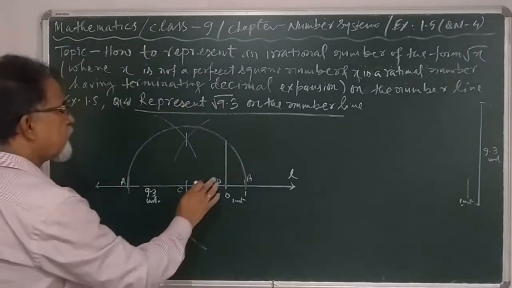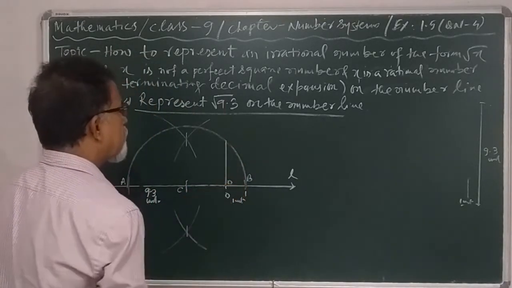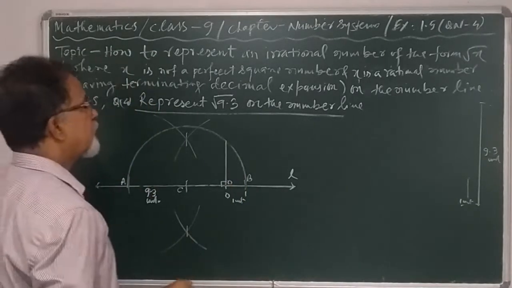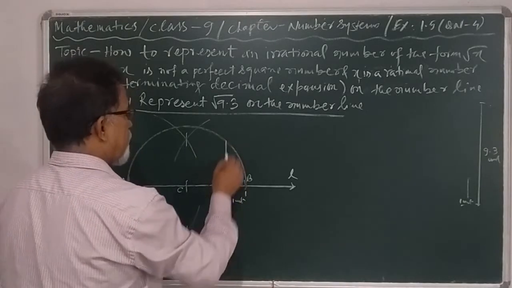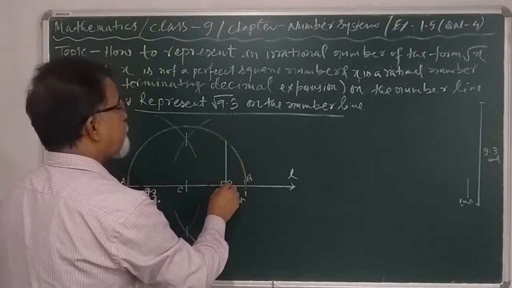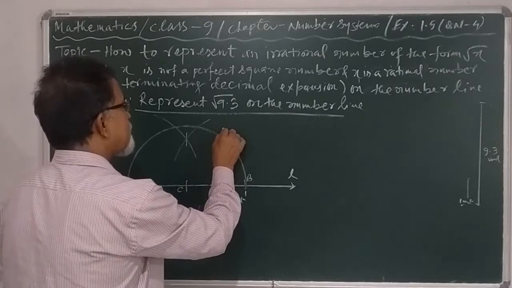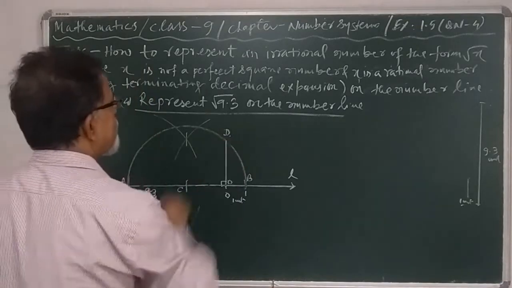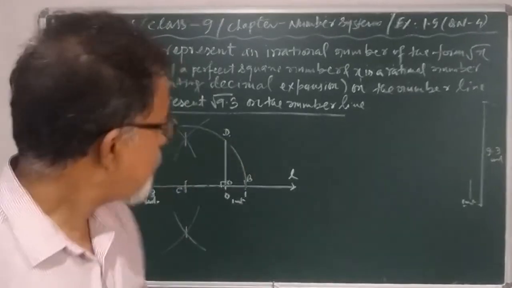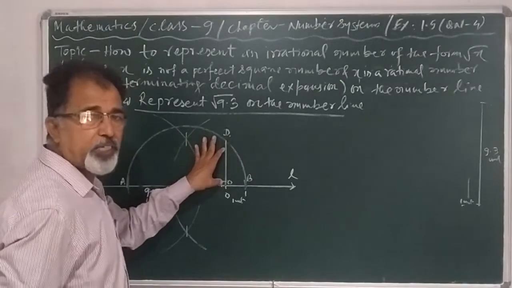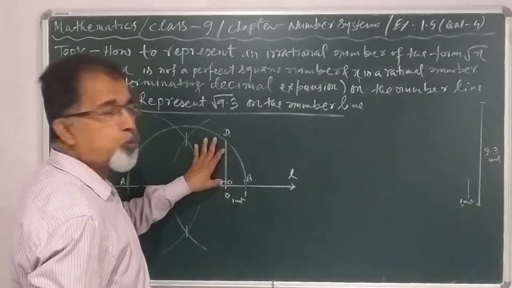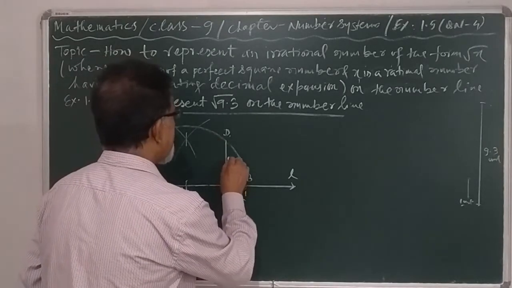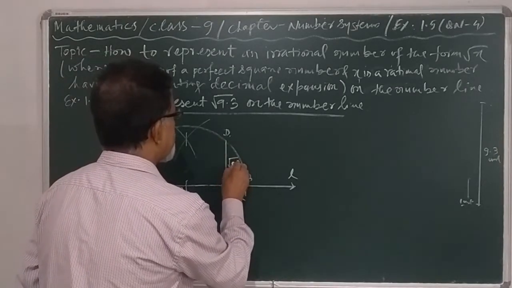This is the perpendicular on the line L, that is AB. The perpendicular and semicircle intersect at a point, say D. The length of OD represents root over 9.3. This length represents root over 9.3.